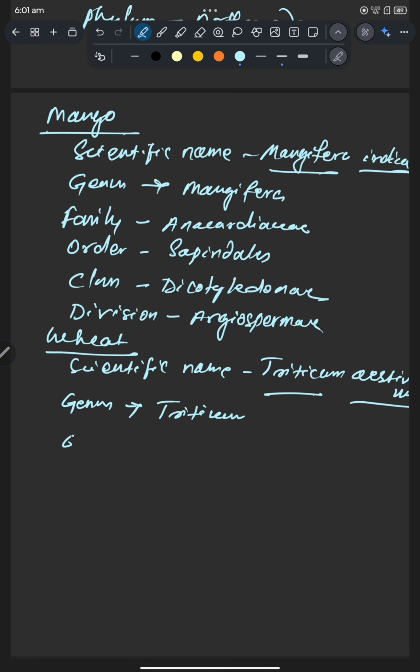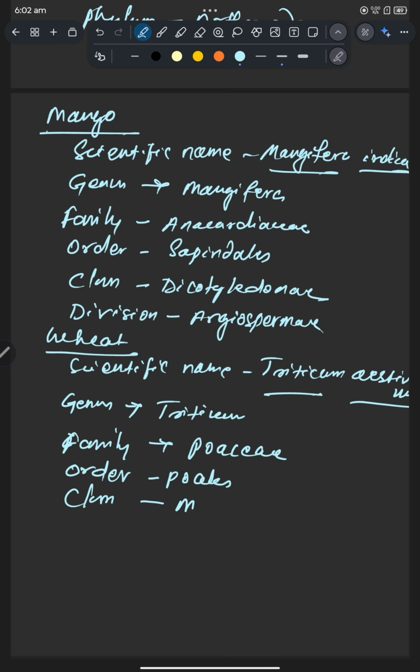The next is family. Family is Poaceae. Then order Poales. Class Monocotyledone. And division Angiospermae.